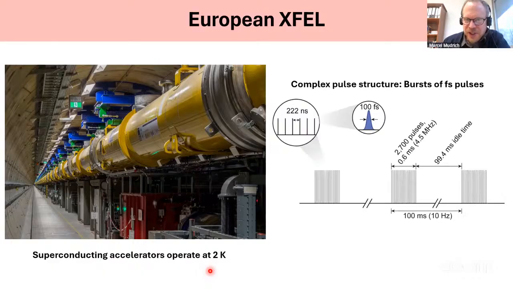And a special feature is that European XFEL actually can produce bursts of femtosecond pulses with hundreds of nanosecond spacing, up to 2,700 pulses per burst, which is great for some experiments where you need just a high repetition rate and many pulses in a short time to, for example, accumulate a lot of statistics.